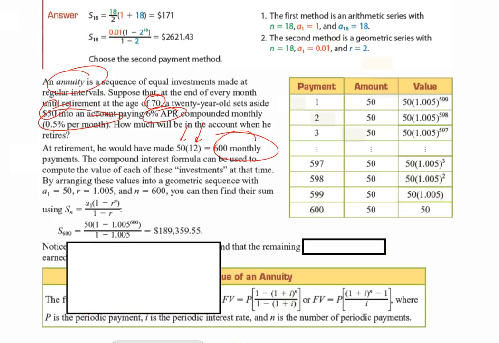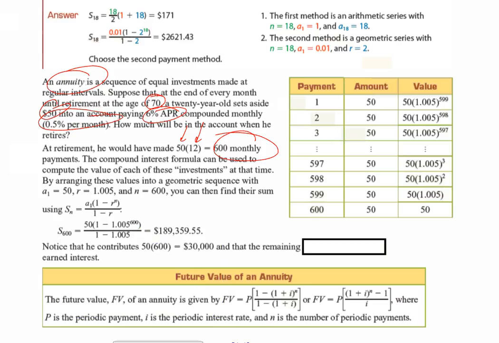When you sub in the 600 and the 50 for a sub 1, 0.5% is 0.005, so your r value is 1.005, n is 600, and you get $189,359.55. That's not bad. That's not a bad amount.